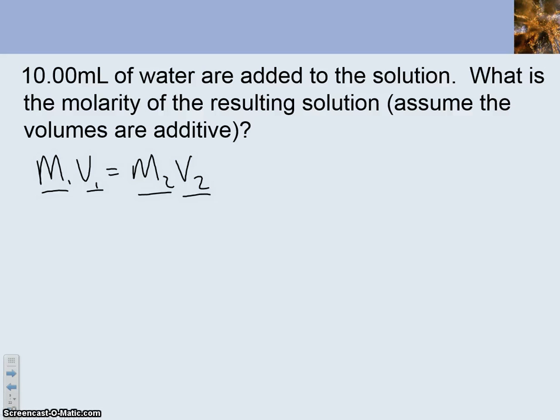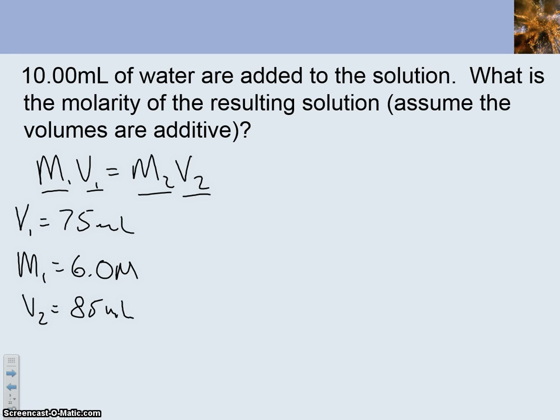So my initial volume was 75 milliliters, and that concentration from a previous problem was 6 molar. I've added 10 milliliters to it, and we're assuming that the volume is additive. So 75 plus 10 is going to give us 85 milliliters. And if we think about this, we've added water to it, so we've actually diluted it.